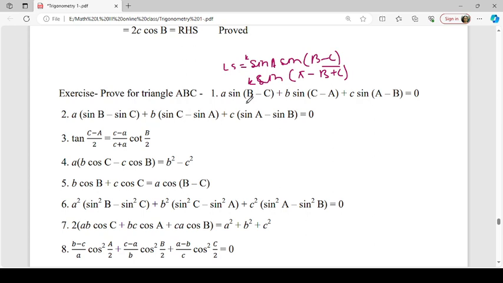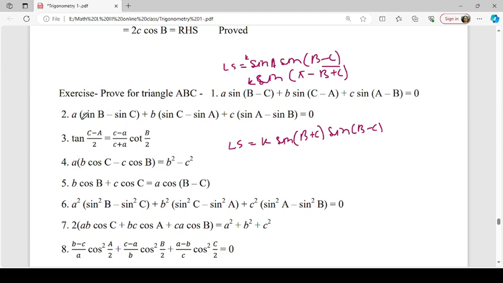So the left hand side will be k, then sine of (pi minus theta) is again sine theta, so it will be k sine (B plus C) sine (B minus C). So this part will be sine square B minus sine square C. Similarly, this one is k into sine square C minus sine square A, this is k into sine square A minus sine square B, and the summation is 0.